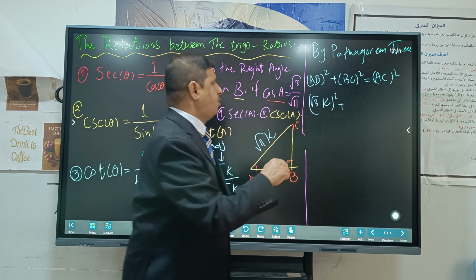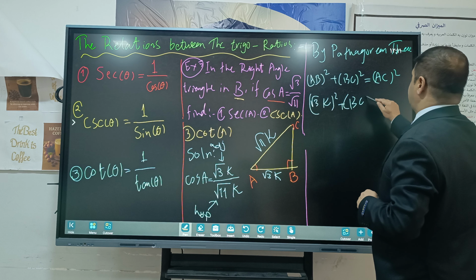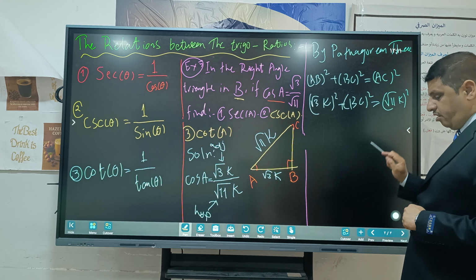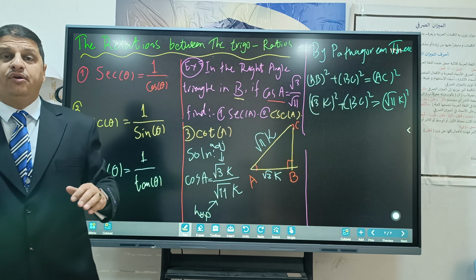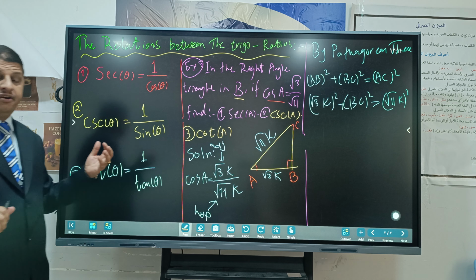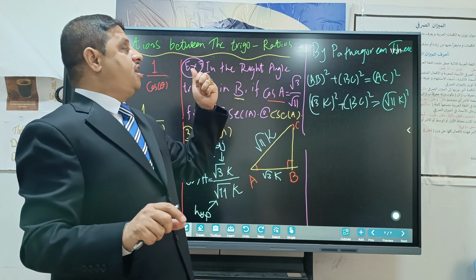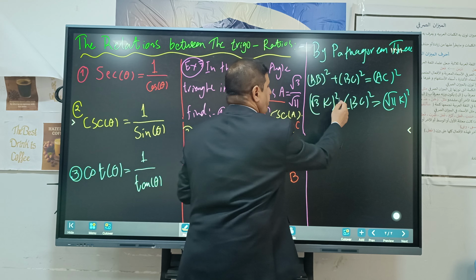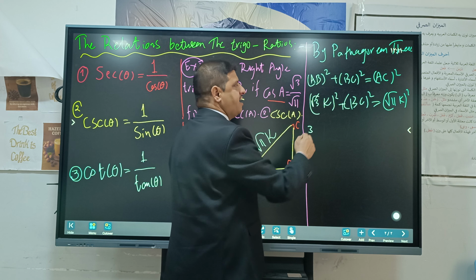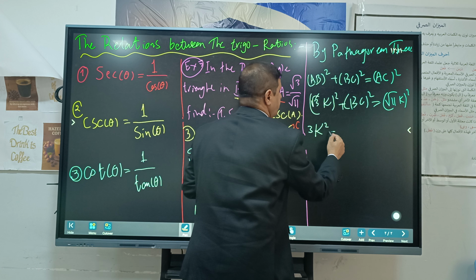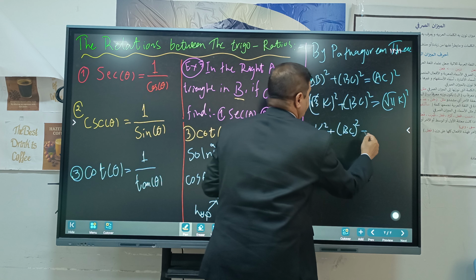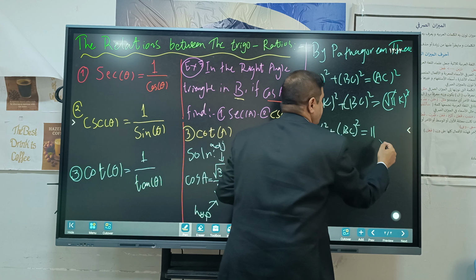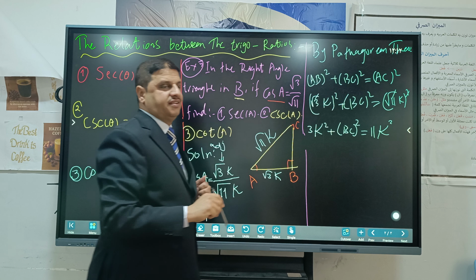Okay, dear students? Now, BC squared equals, AC is square root of 11k, all squared. By using the properties of the powers which we studied in the last chapters, the square will take the square root, it will be 3k squared, plus BC squared equals 11k squared.